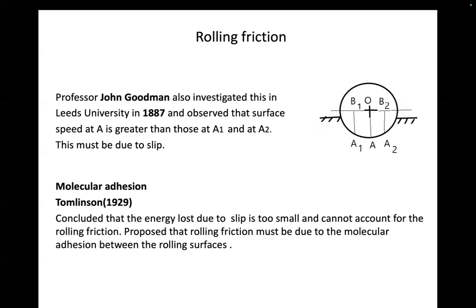Tomlinson in 1921, much later, considered that slip is not enough to account for the amount of rolling friction that we usually find. So he proposed that there must be some molecular adhesion between the rolling surfaces.